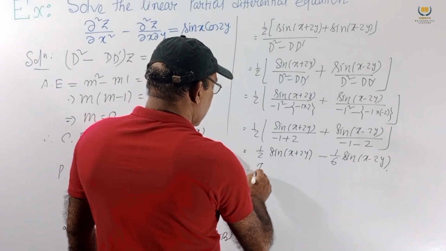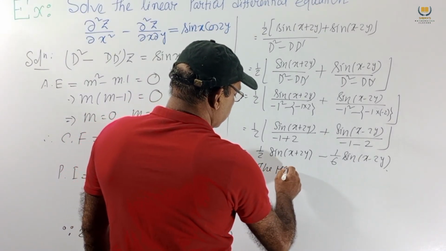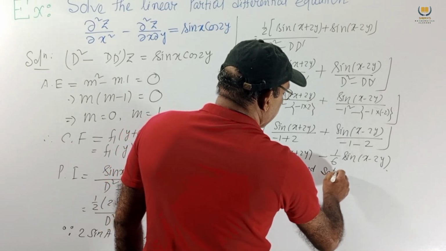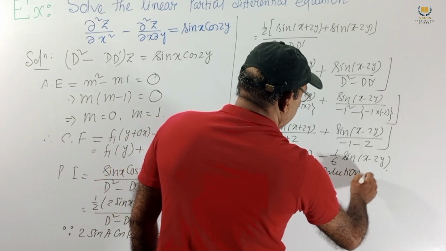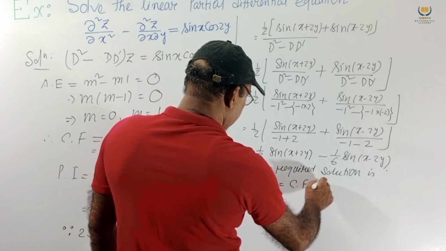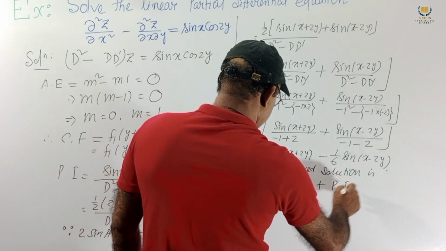Therefore, the required solution is z equals CF plus PI.